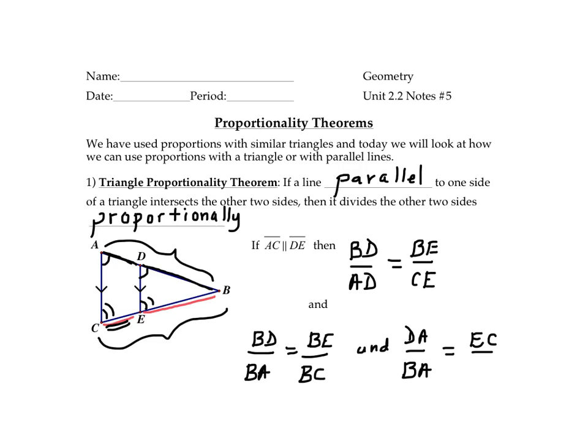And we're going to call that BC. So you can compare this piece to this little piece, follow the same pattern on this side of the triangle. You can compare this side to the whole entire side, and again do the same thing on this side of the triangle. Or you can even compare this little piece to the whole side, and this little piece compared to that whole side.